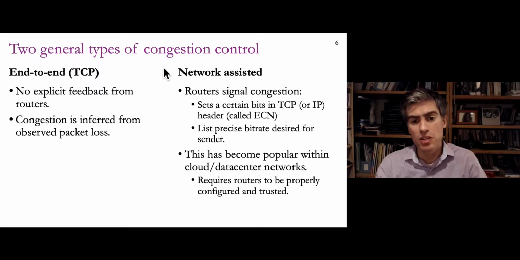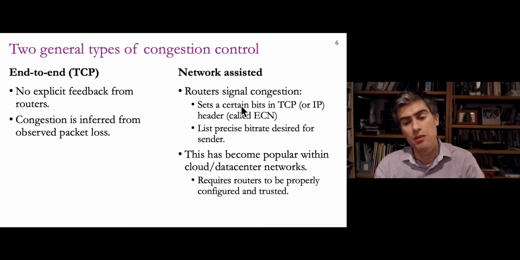Now, there is an alternative, theoretically, which is network-assisted congestion control. This is where the routers actually add some information in the packets they're sending that tell the receiver a little bit about what it should do to control its connection to prevent the routers from becoming overly congested and dropping packets.